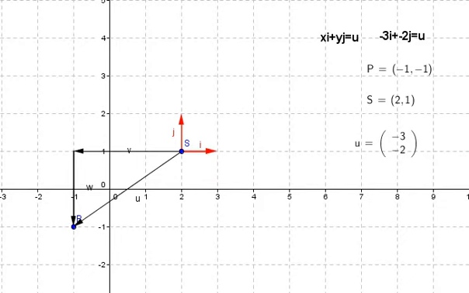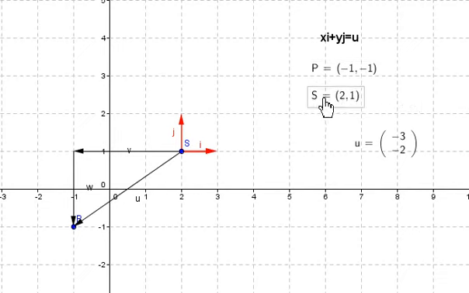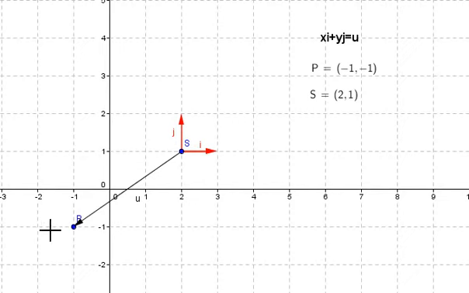Now let's do more exercises using this approach. So we will find the coordinates of a vector by subtracting the coordinates of two endpoints of the vector. Now let me change the vector. Here you will have the coordinates of vector PS and find the coordinates of vector u.